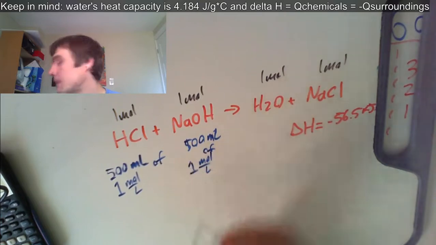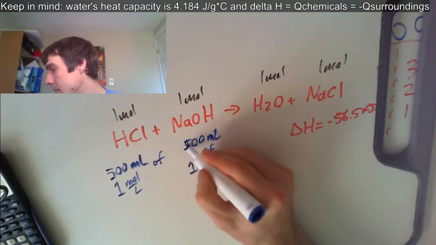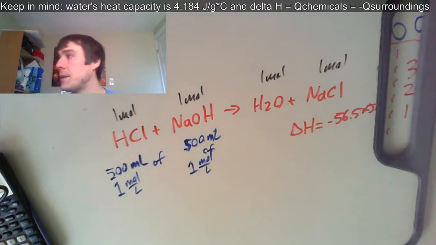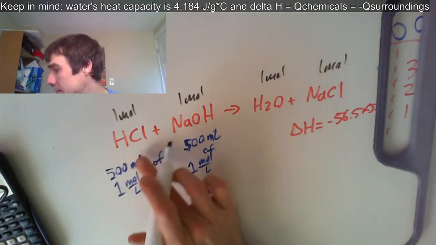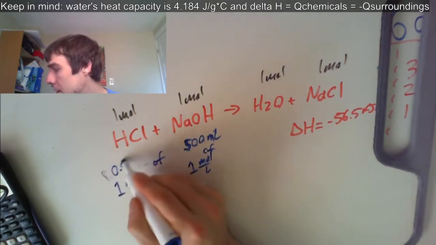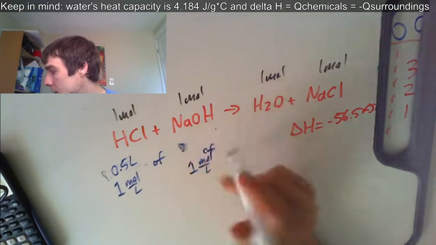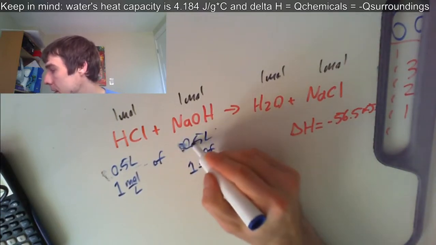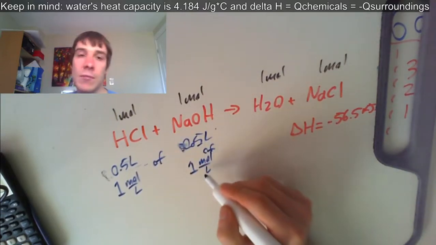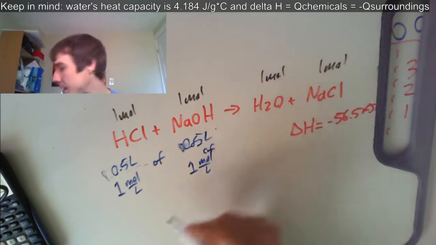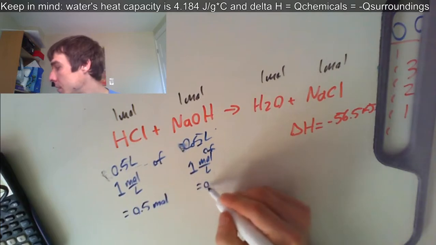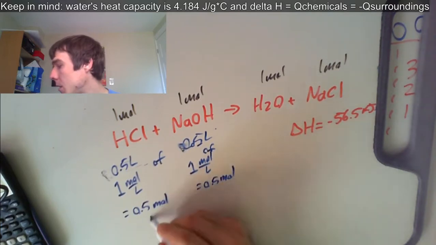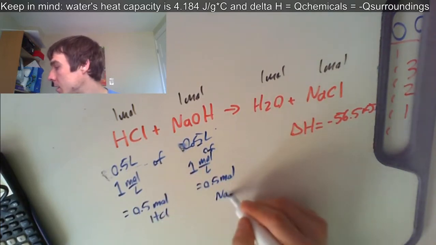I was nice to you guys and I gave you equal amounts. So how many moles do I have? Well, eagle-eyed viewers might notice that 500 milliliters is the same thing as saying 0.5 liters, half a liter. And if each liter has 1 mole, well, 0.5 liters must have 0.5 moles of HCl and NaOH.